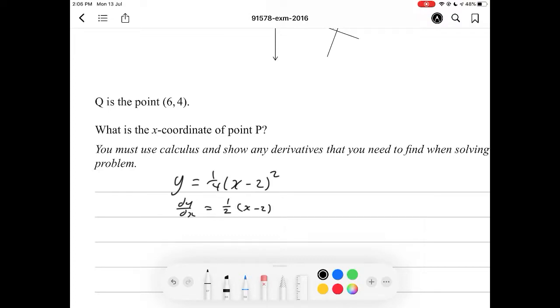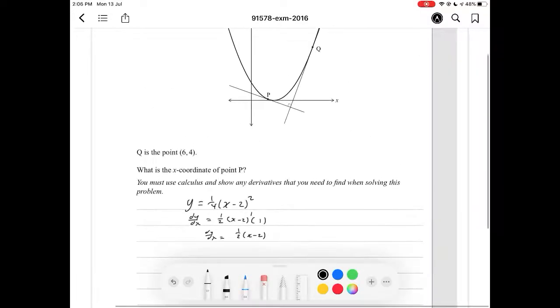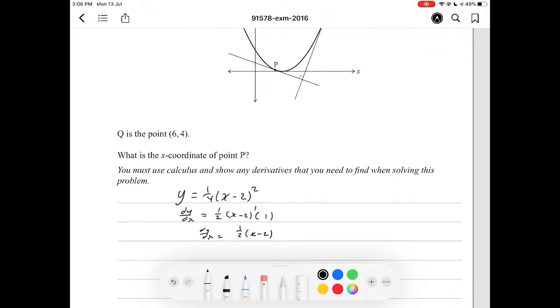Power was 2, bring it down by 1, becomes to the power of 1. And we multiply by the derivative of the inner function. The derivative of x minus 2 is just 1. So dy over dx equals 1 over 2 times x minus 2. Alright, to find the gradient of line Q, we need to substitute the point 6, 4. So we need to substitute x equals 6 to find our gradient.